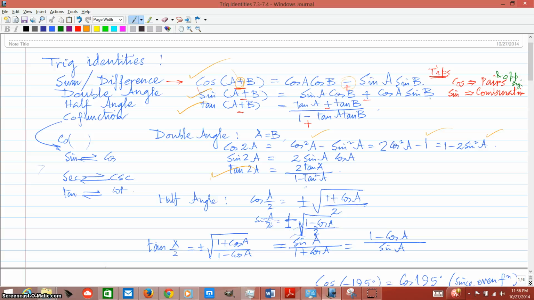And your sine A by 2 is the exact same format as the previous one, just that the sign will be negative this time. And tangent A by 2 is sine of A by 2 over cosine A over 2. So if you just divide those two, you definitely get this form. And there are two other forms, you may need to remember them as well.